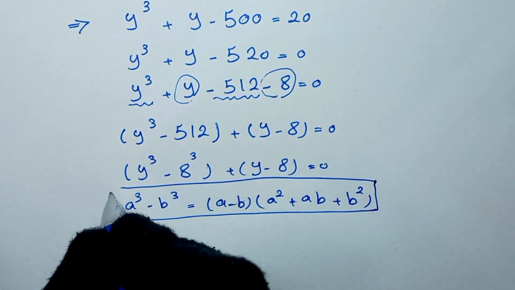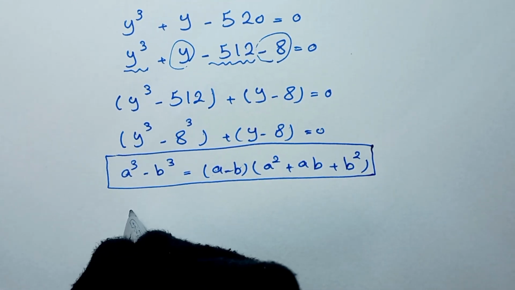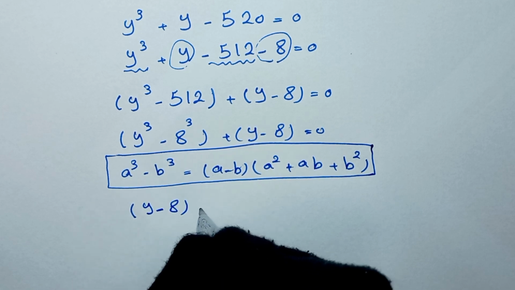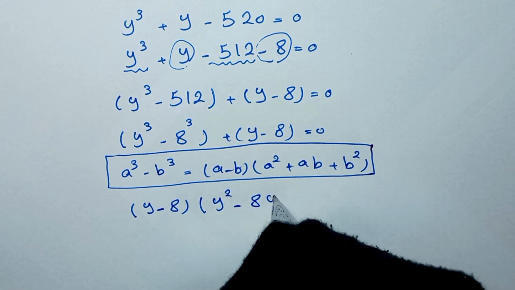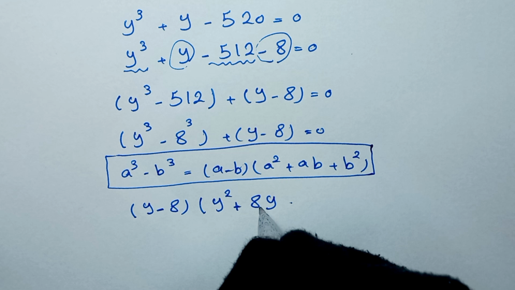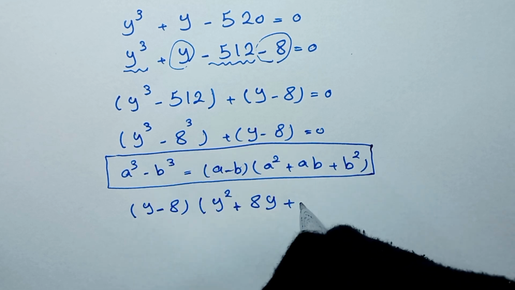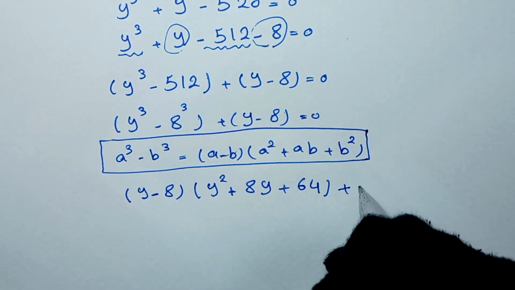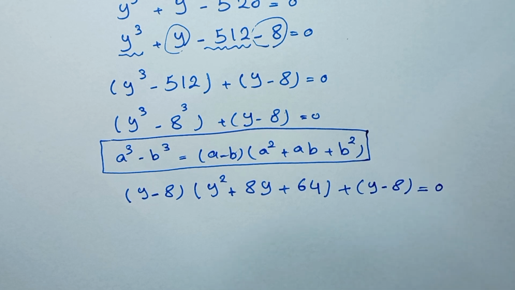So we write this in this form, and a minus b will be y minus 8, times a squared, which is y squared, plus ab, which is 8y, and plus b squared, which is 8 squared, 64, right, and plus this y minus 8 is equal to 0.